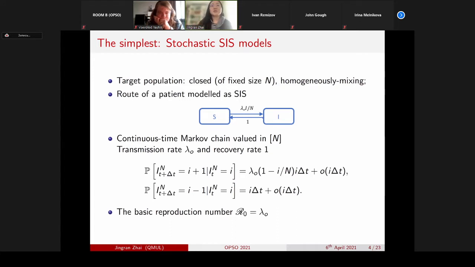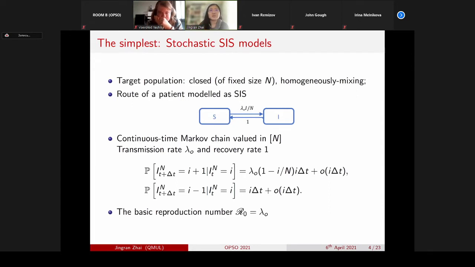So the simplest model of this type is called SIS, which is named after the route a typical patient would take. This model is for infectious disease with no significant immune period. It divides the population into 2 compartments, S, which consists of individuals who are currently healthy but can get infected, and I, which consists of individuals who are infected and can transmit the disease to other people.